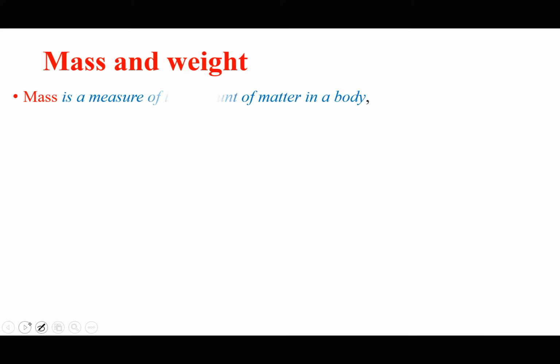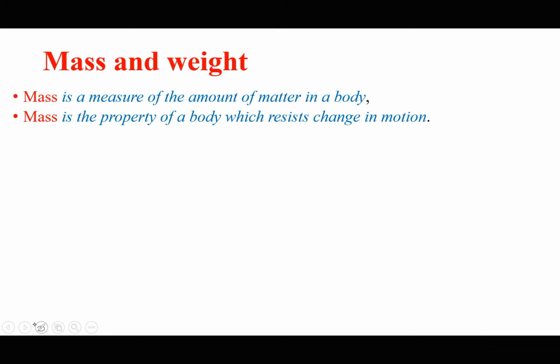All along, we have already defined mass. You can define mass as the amount of matter in a body, the quantity of matter in a body, but we said mass is a property of a body which resists change in motion. We defined mass as a measure of a body's inertia, if you recall.